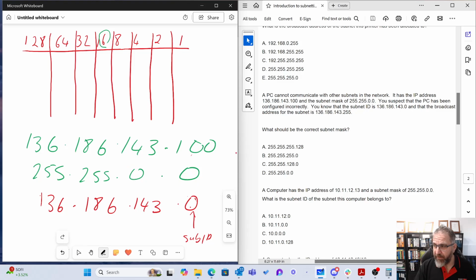It shouldn't be a 0 because there's a number right there. If there's a number there, then that's not going to work. We're not talking about IP addresses. We're talking about the first number in that range that we can't use, the subnet ID. That should be a 255. I think that's the reason why some things are not connecting.